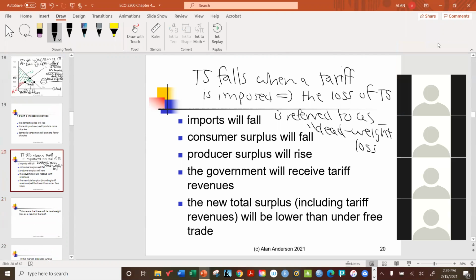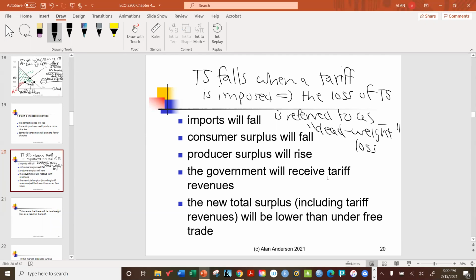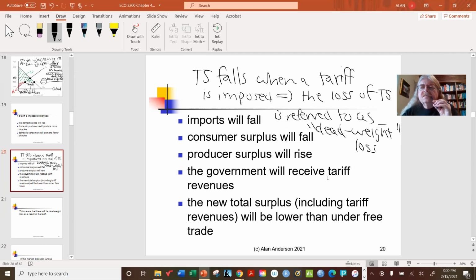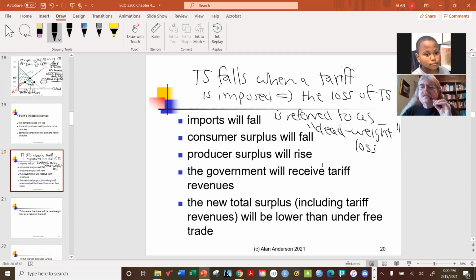They're not going to say, oh no, what can we do about it? There are things they can do. Like what? How about if they impose their, oh, go ahead. They might impose their own tariff on a popular import coming in from the United States into Korea.